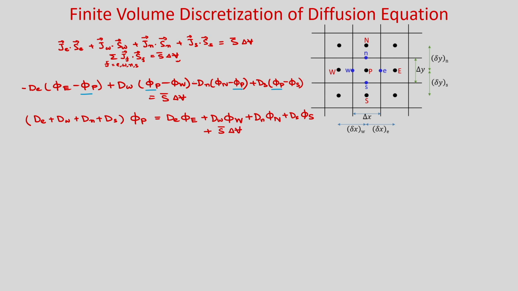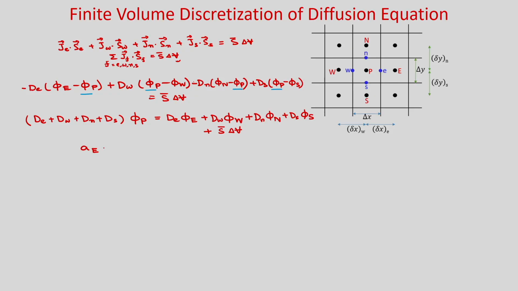Okay. So, now you can see the coefficient of the neighbors: the coefficient of phi e is d e, phi w is d w, phi n is d n and phi s is d s. These represent the coefficients a. So, a east is d e, a w is d w, a north is d n and a south is d s.